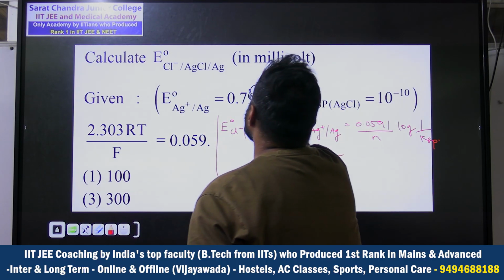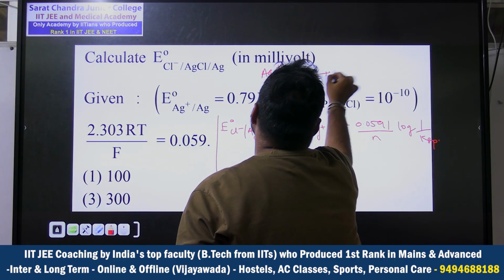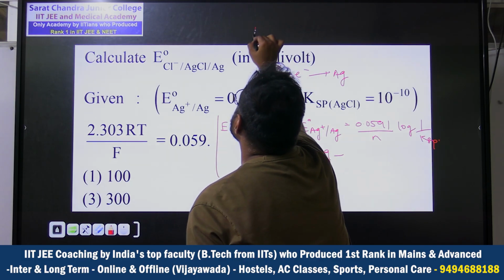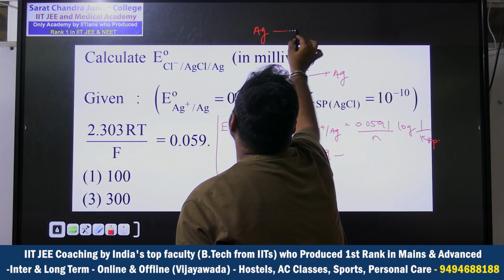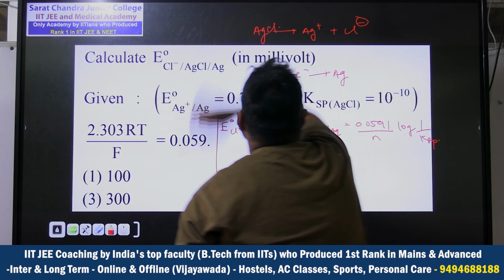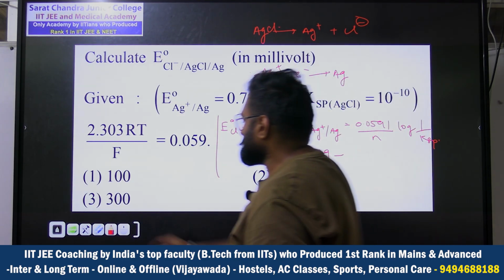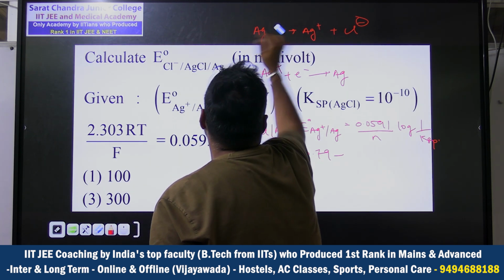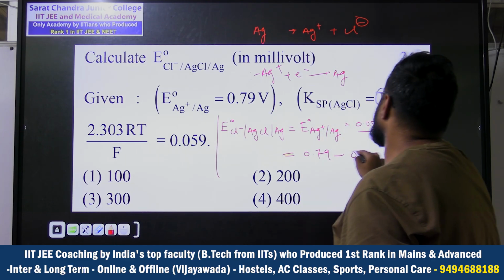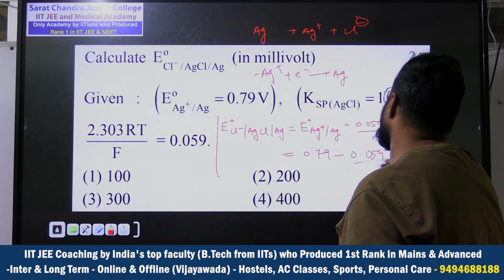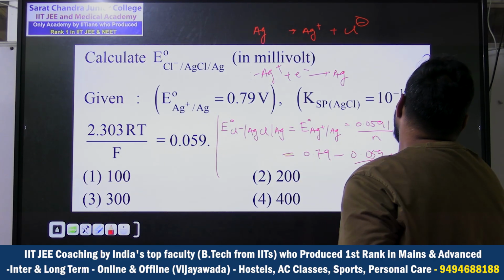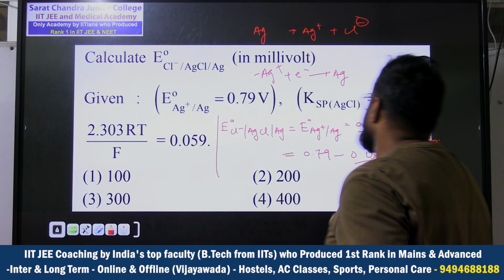So here you can see Ag plus plus electron gives Ag. This is the reduction reaction. And if we see the oxidation reaction, Ag undergoes to Ag plus plus Cl minus. This will be our reaction. So 0.79 minus 0.059 by 1 log 1 upon KSP. KSP is given as 1 upon 10 to the power minus 10.